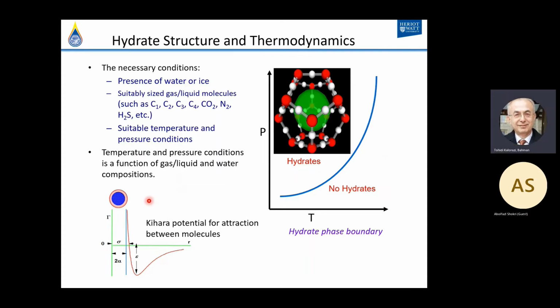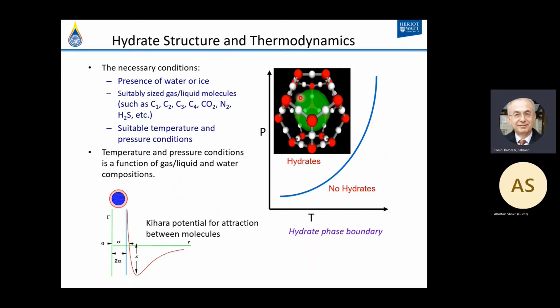If one of these molecules is water or oxygen, and the other one is a gas, when they are far away from each other, then they don't form any hydrate. They don't have any reaction. But if they get close to each other, they are attracted to each other, and if they get too close, they have repulsion.